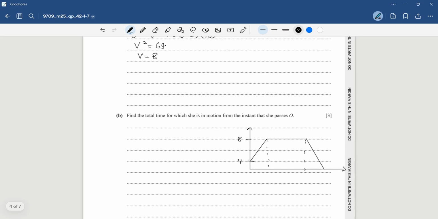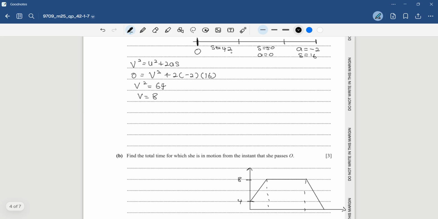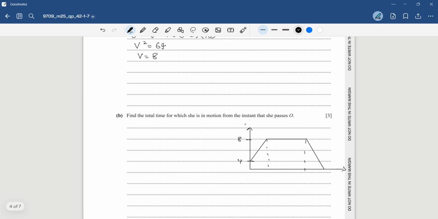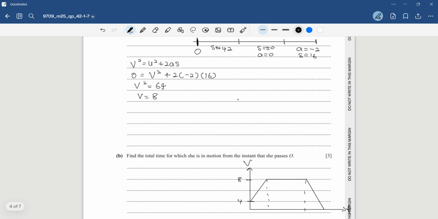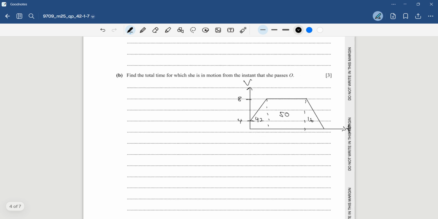They said the distance is 42, and the area under the vt graph will be the distance, so it's going to be 42, 50, and 16. The time here, I make it a from here to here, b from here to here, and c from here to here.